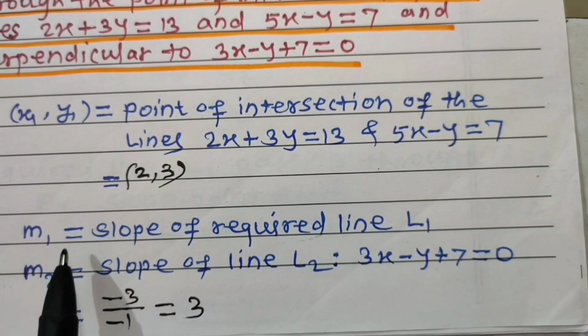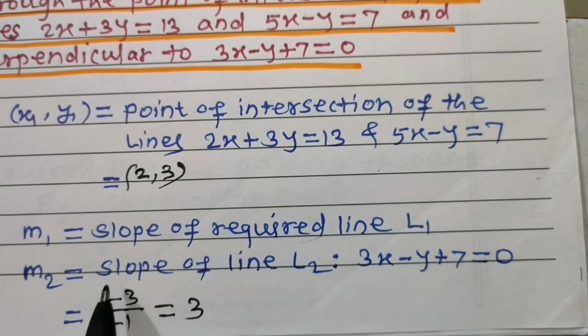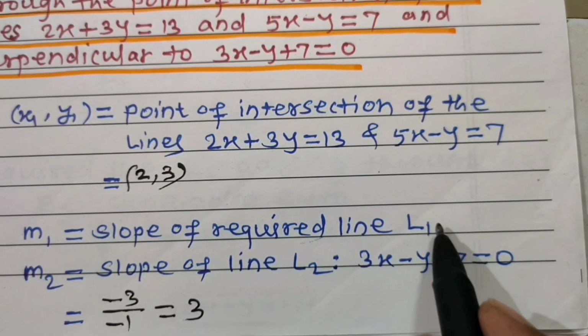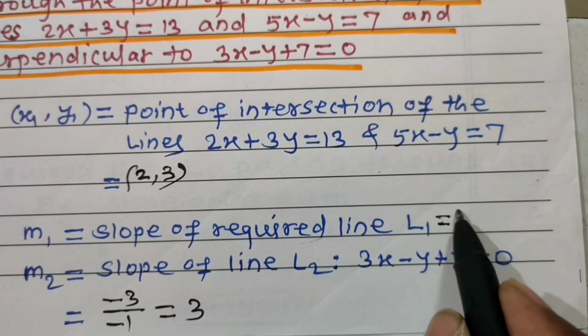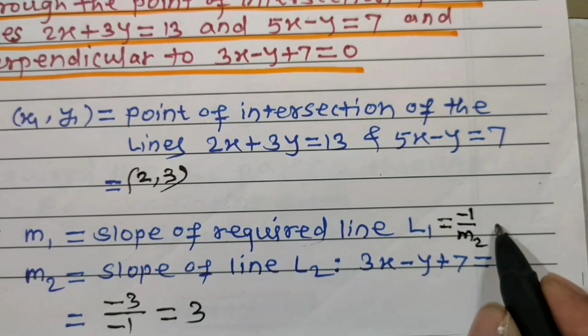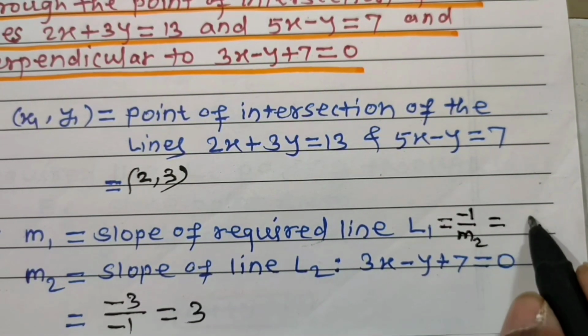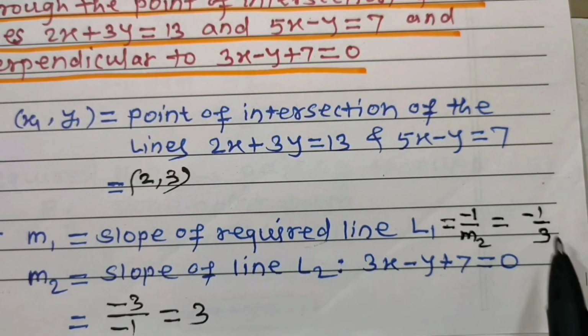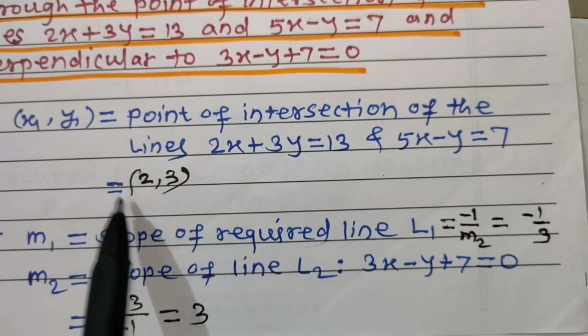But the required line L1 is perpendicular to line L2. So m1, the slope of line L1, is equal to minus 1 upon m2. And you know m2 is 3. So slope of line L1 is minus 1 upon 3. m1 is equal to minus 1 upon 3 and the straight line passes through this point.